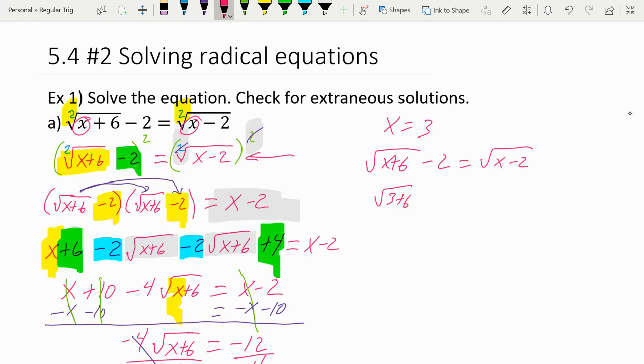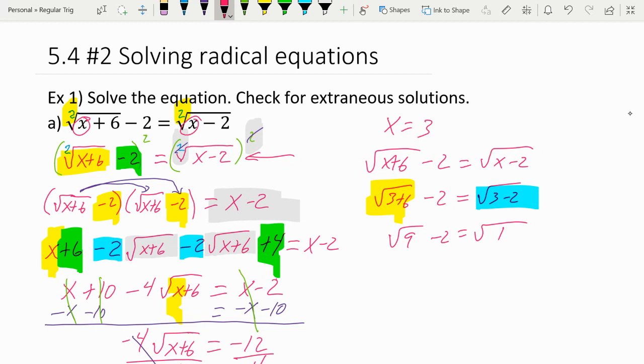So I have 3 plus 6 underneath the square root, that minus 2 that's not under, and then 3 minus 2. Over here on the left side, 3 plus 6 is just 9. Square root of 9 minus 2 is equal to, over here on the right side, 3 minus 2 gives me 1.